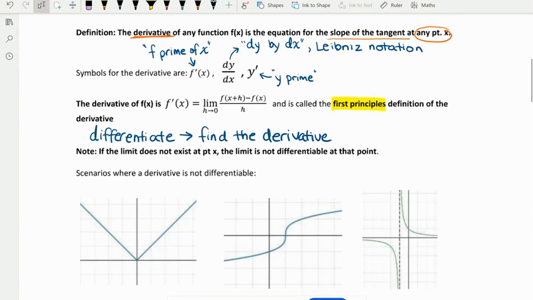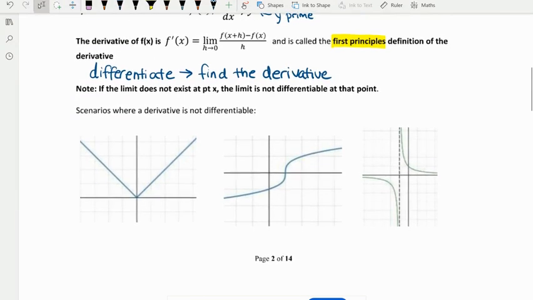So you'll see just different words that we use around derivatives. So note, if the limit does not exist at a certain point x, the function is not differentiable at that point. Because our derivatives, it's still tied to limits, right? So if you don't have a limit at that point, you can't differentiate it.